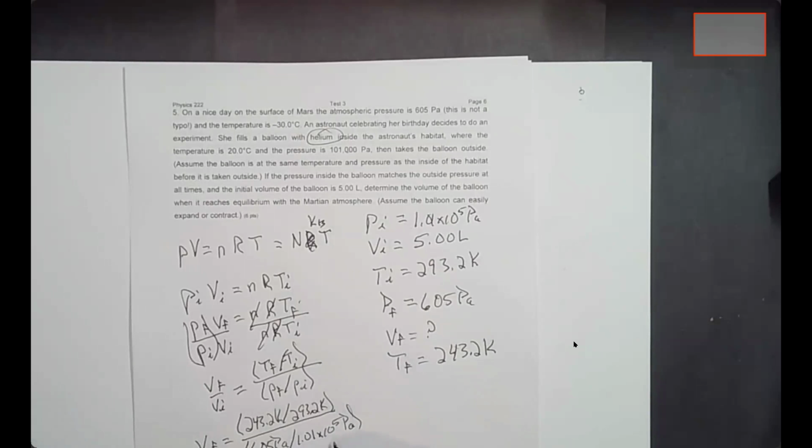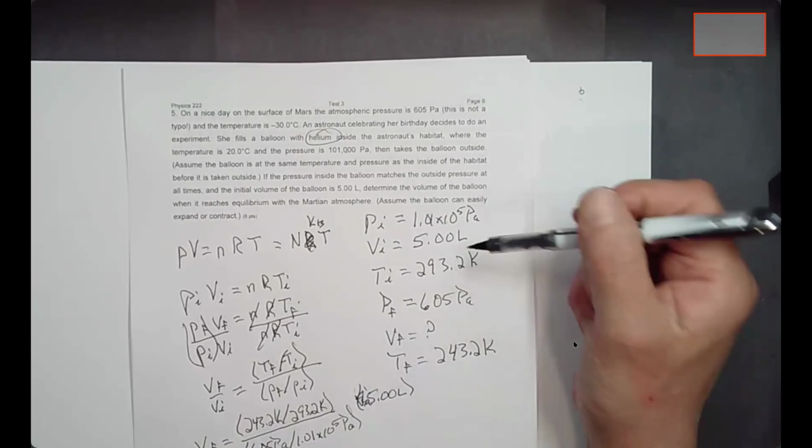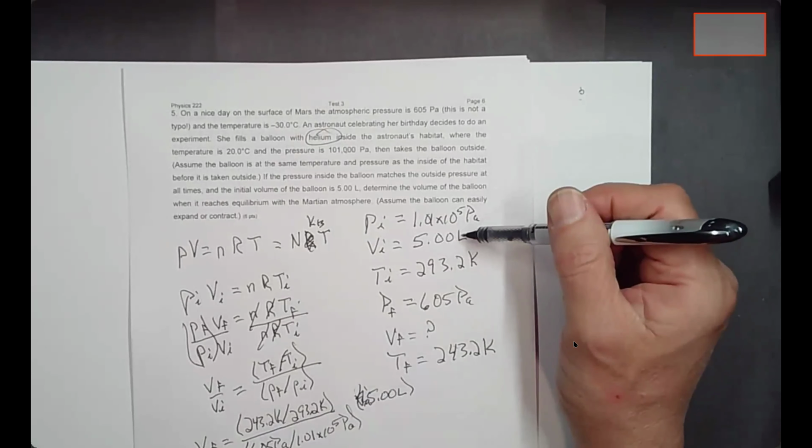This is going to be a really small number that we're dividing by, so that's going to blow this thing up. Then I multiply it by V initial, which was 5.00 liters. I didn't have to convert those liters into cubic meters because all the units divide out here, and I'm taking a ratio of things, so I'll get the same units for V final that I had for V initial.